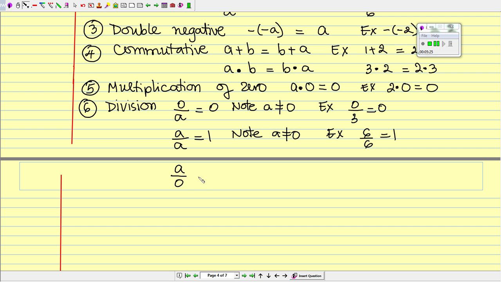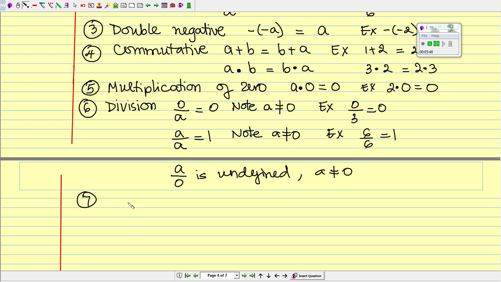How about a real number divided by 0? The quotient is undefined, or the answer is undefined. And again, in this case, we have to make sure that the numerator is not 0.